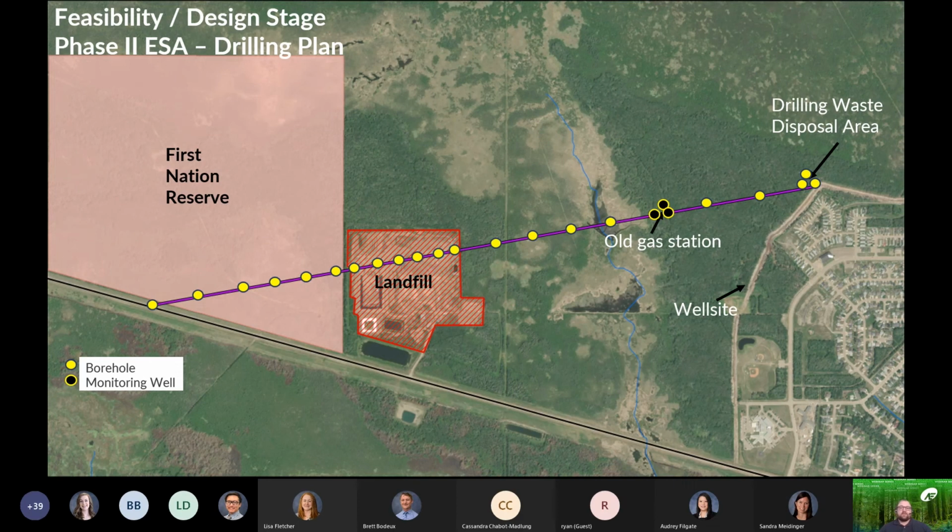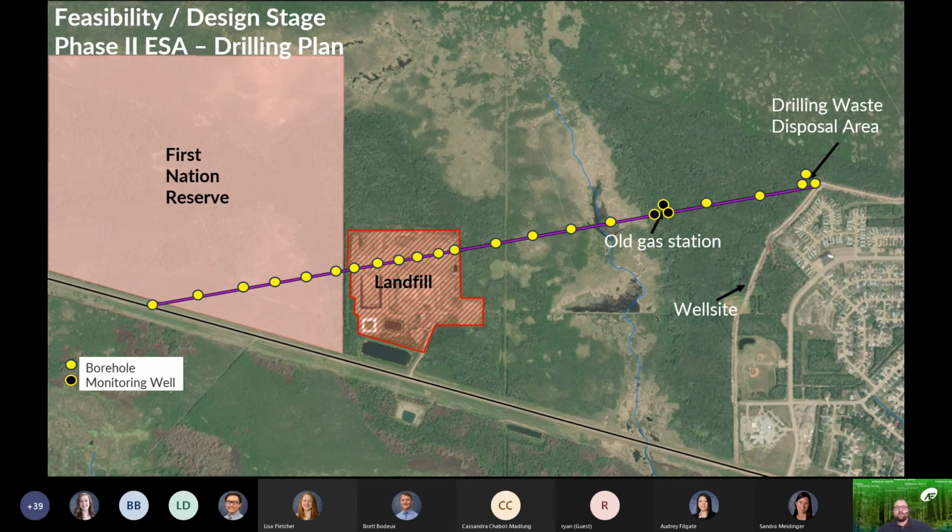So for example, it could be one sample representing every 500 cubic meters of soil, or it could be for every 1,000 cubic meters of soil. 2,500 cubic meters is usually the max that we'll collect for a sample. Otherwise, it's too much volume for not enough characterization.